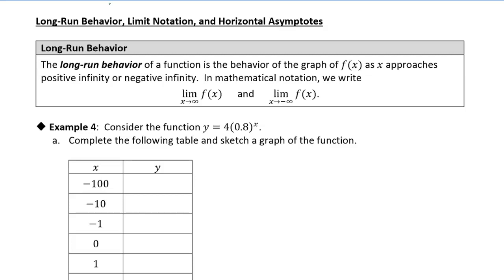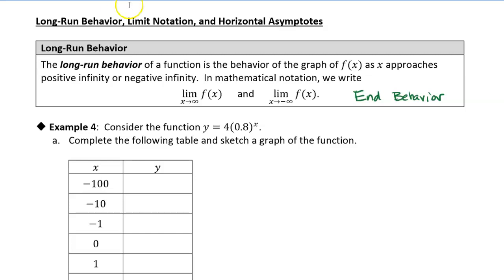It's sometimes called end behavior, another name for long-run behavior. We're looking at what happens to f of x in the long run, either as x gets bigger and bigger in the positive direction or in the negative direction.